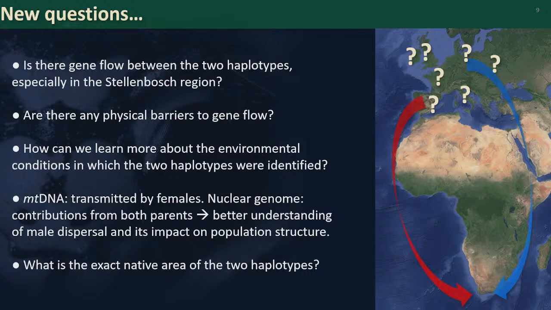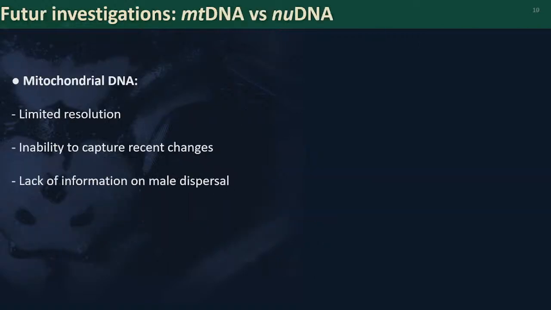Finally, the last question is to understand all the routes of dispersal of the species. What is the exact native area of the two haplotypes that we can find in South Africa? To answer this question, mitochondrial DNA was very useful, but as I said, it has a limited resolution.